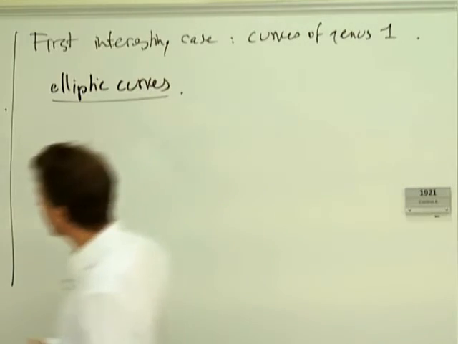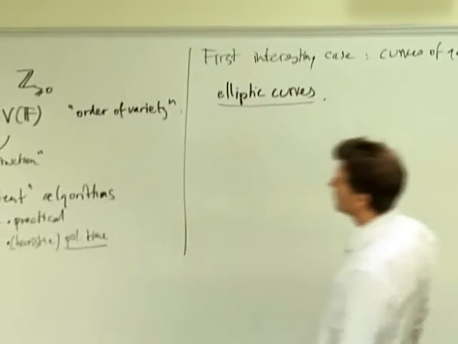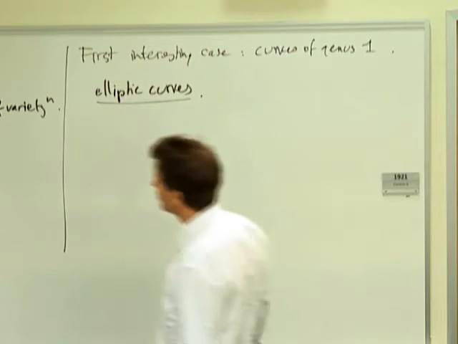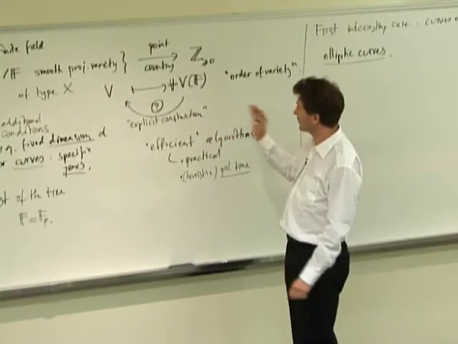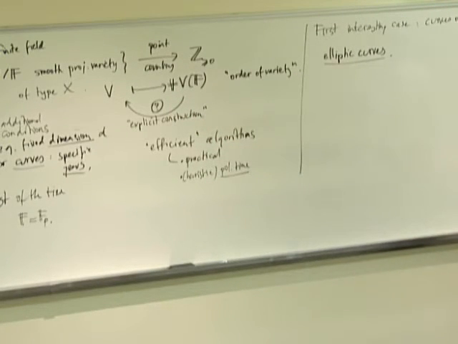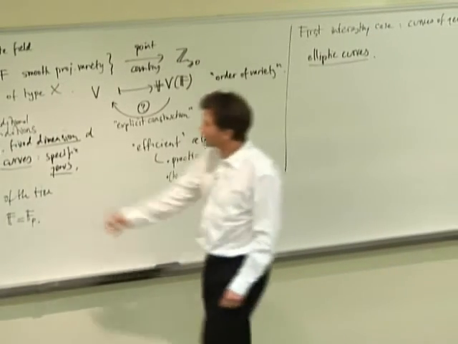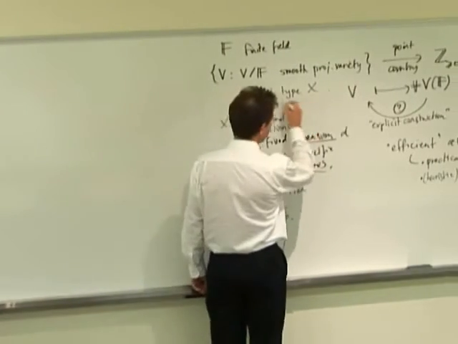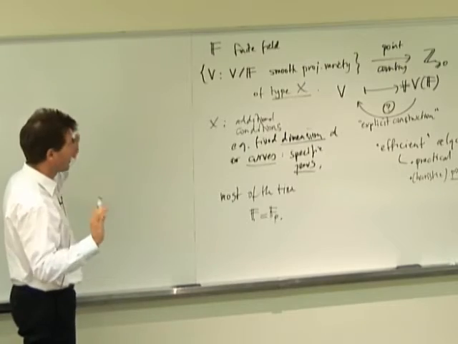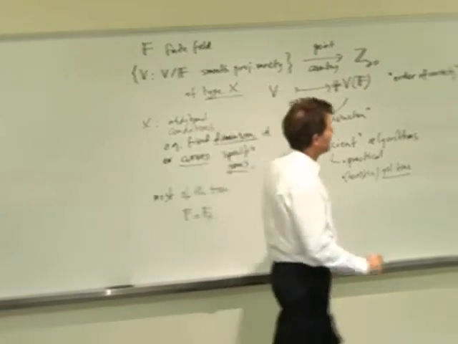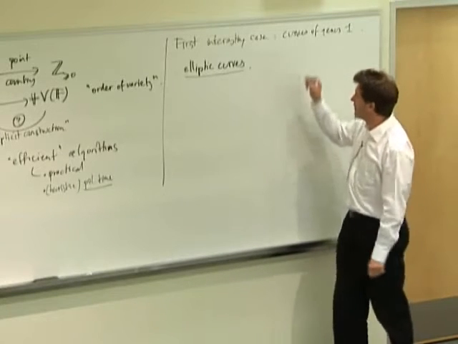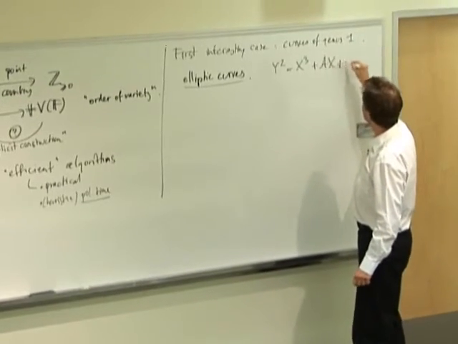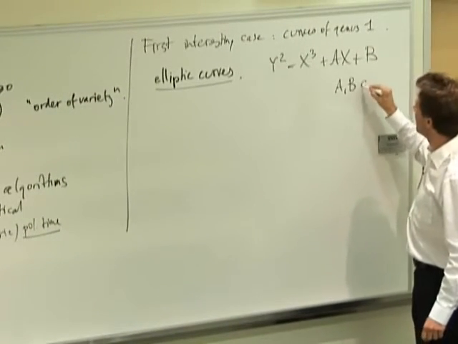Efficient: if I say polynomial time, then you have to bound the runtime of the algorithm in terms of the length of the input. The input, in this direction, is just an integer, so the size of the input is just log n. And how many bits does it take to specify the output? Usually, for a specific kind of variety, you're just writing down a number of equations. For elliptic curves, if you choose your model in the standard Weierstrass way, an elliptic curve for most cardinalities looks like this, where a and b are in your finite field.